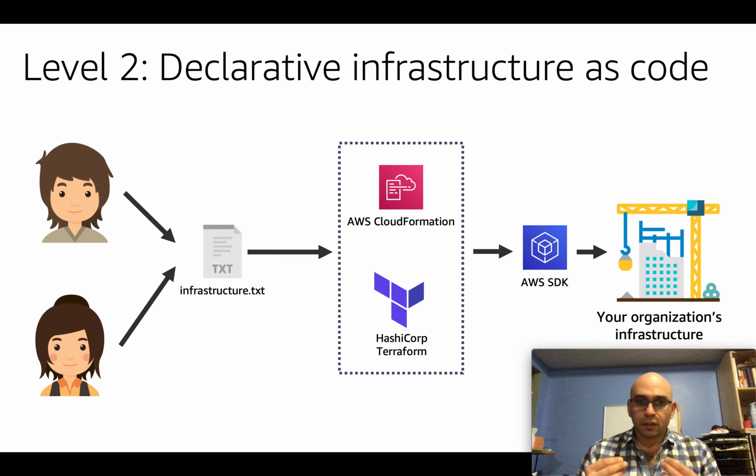So it's a really interesting approach where you don't actually work with the AWS SDK. You use a service like AWS CloudFormation or Terraform, and you rely on that service to invoke the AWS SDKs, which is great because, first of all, there's much less boilerplate.